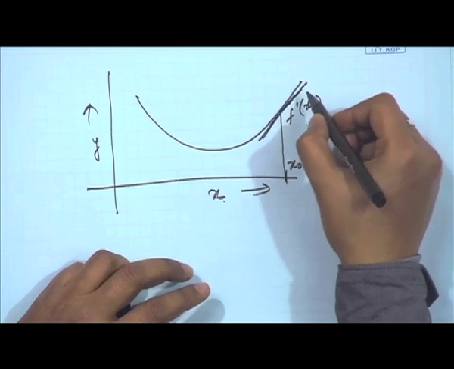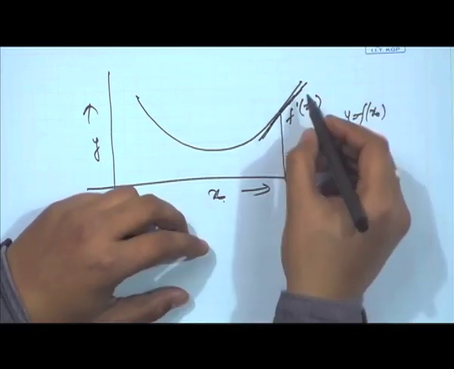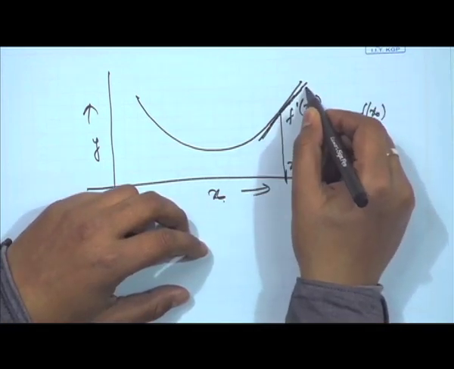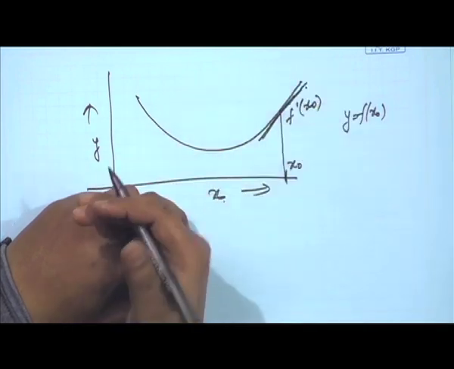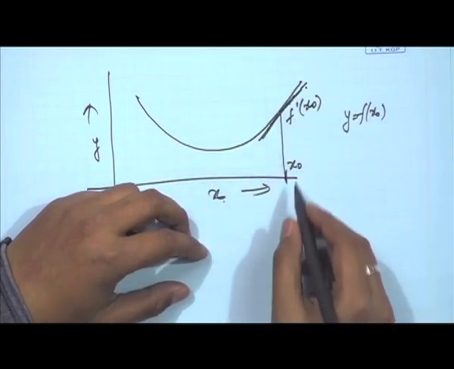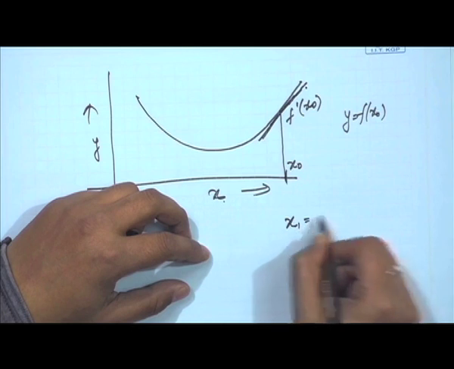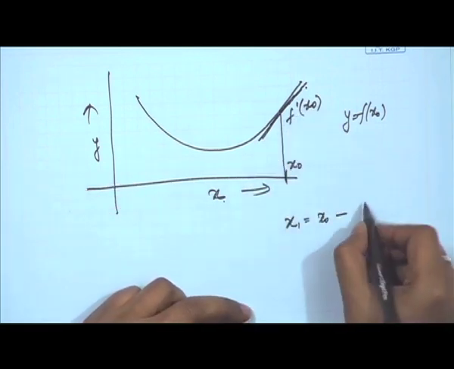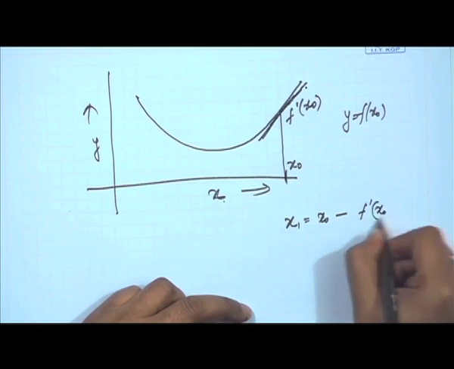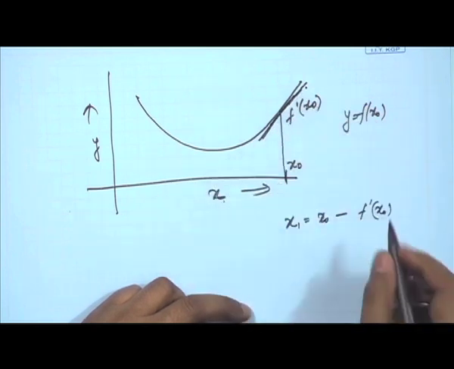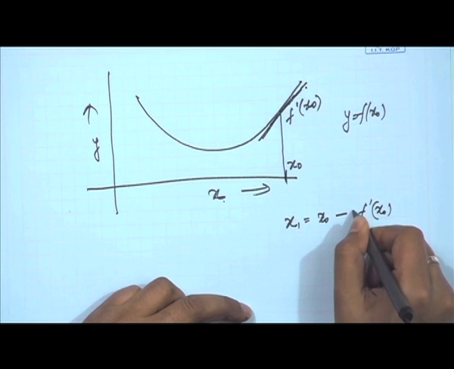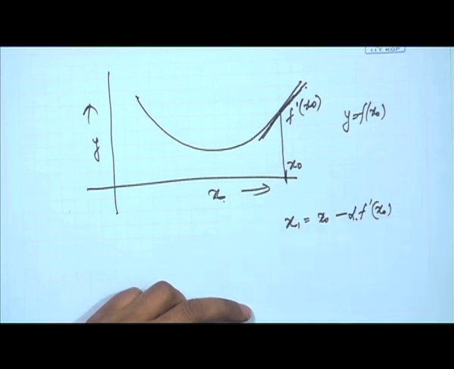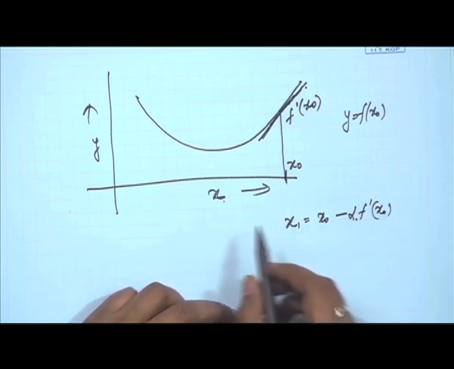If this is the direction of my gradient, I have to go in the opposite direction of my gradient. So my new value should be x naught minus f prime x naught. So I will go in the opposite direction and I will use some learning rate, with what rate you will go in this direction. And this is simply the idea of gradient descent. You keep on doing that.